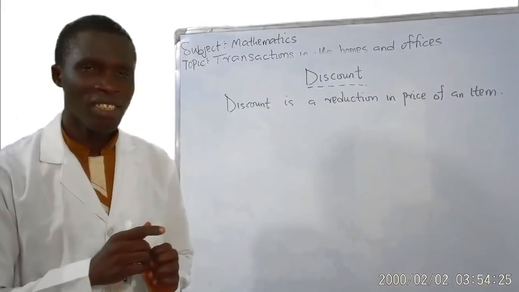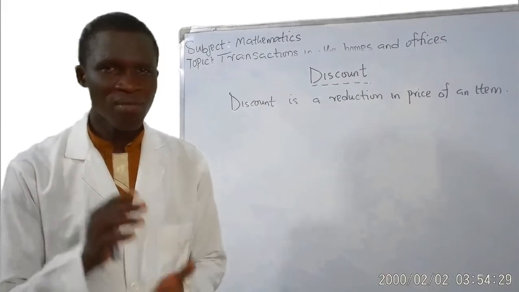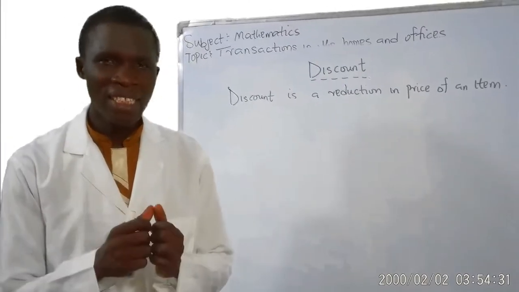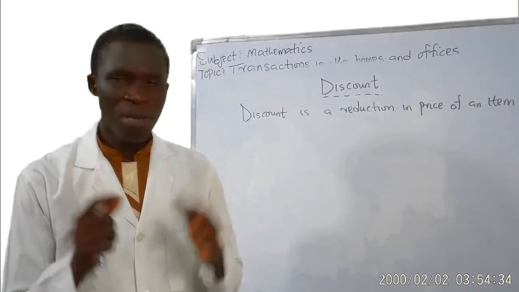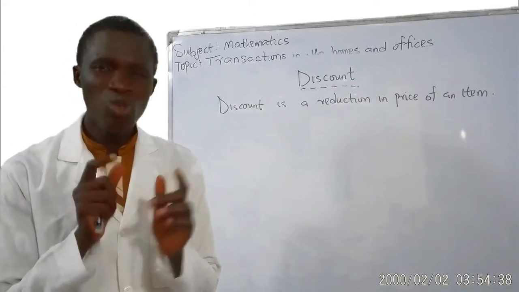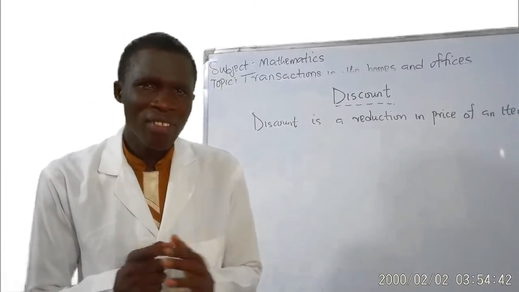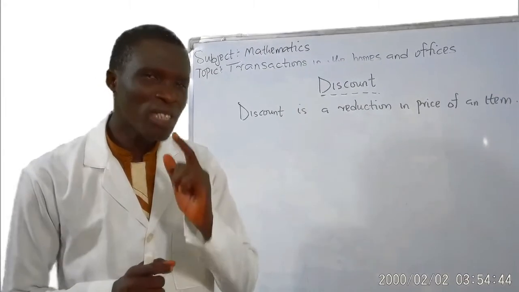Have you involved yourself in a transaction, buying and selling? And maybe for instance, the cost price of that good is 20,000 naira. And you don't want to pay 20,000 naira. You ask for discount.